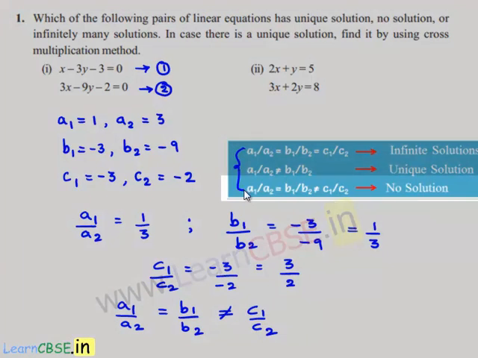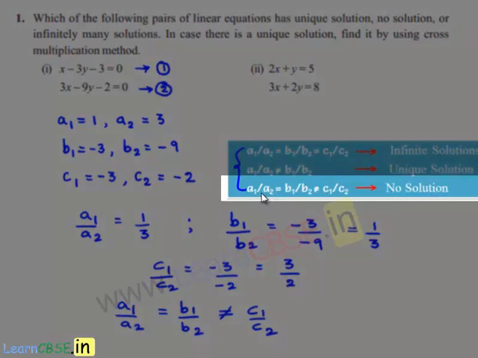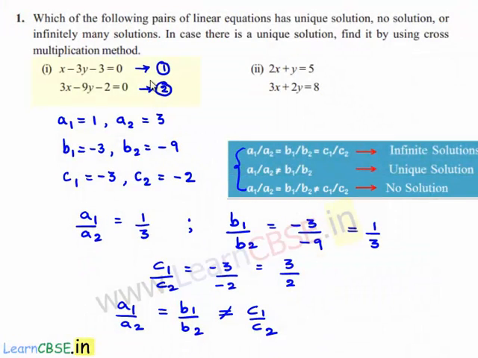From these three conditions, the third condition says that if a1/a2 = b1/b2 not equal to c1/c2, the given set of linear equations have no solution. That is, according to the given conditions, we can say that the given set of linear equations have no solution.